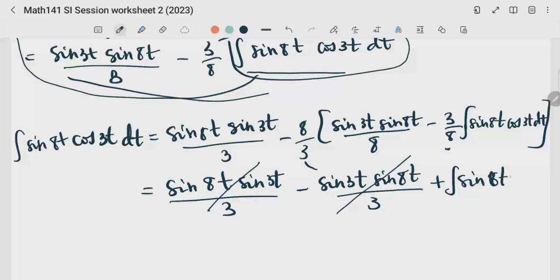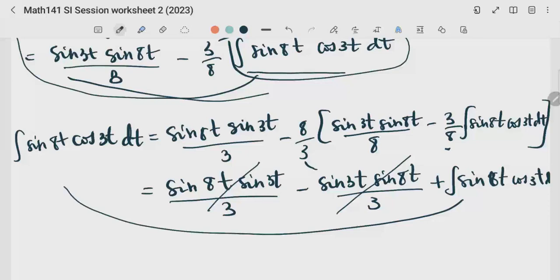So we are just going back to the original question. We are not actually solving the problem.